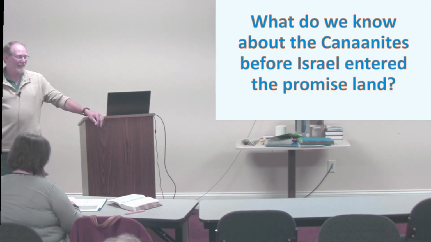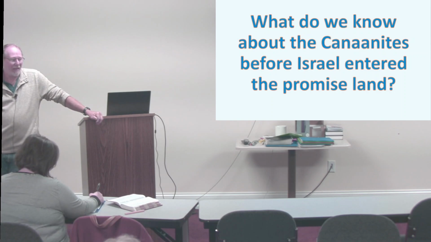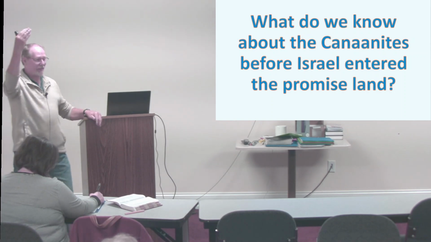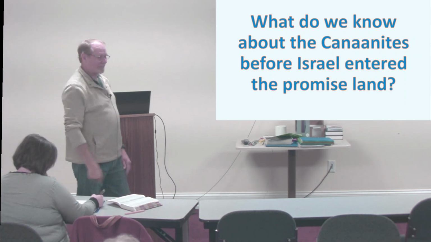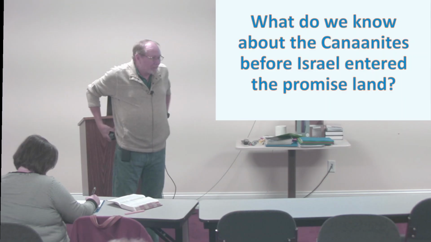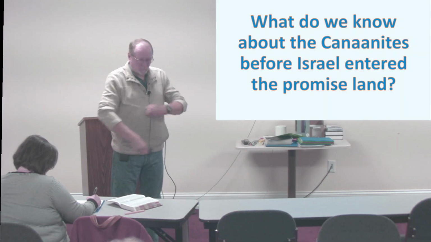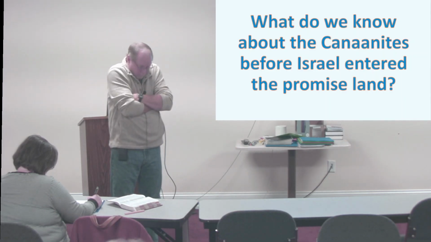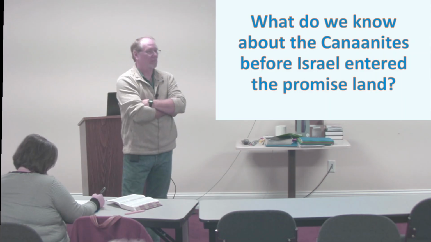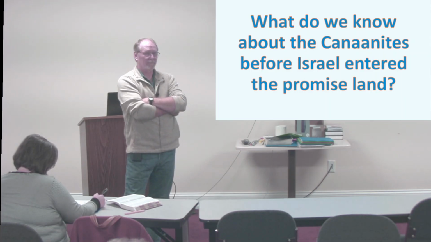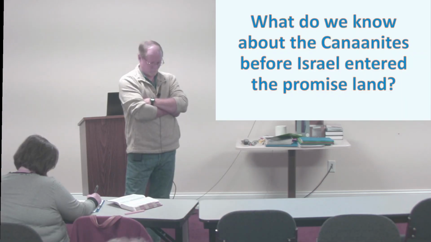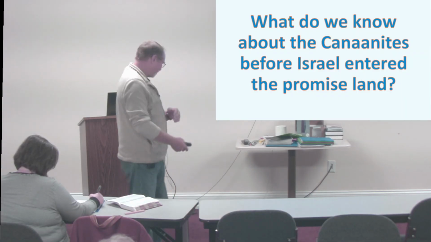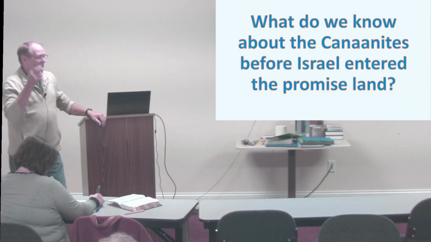Were they the major nation at the time? They were somewhat of a confederacy of many nations. There were times when they were together and would fight a common enemy, but they also fought each other, and they had a plurality of deities that they worshiped.